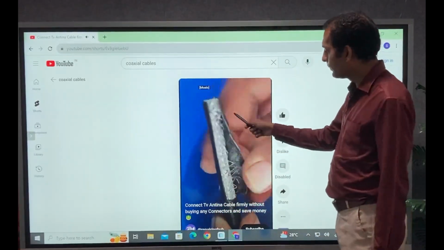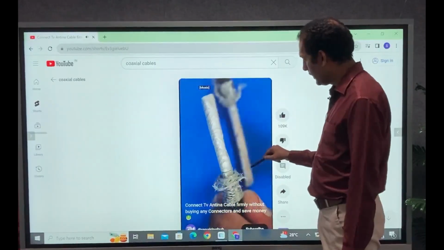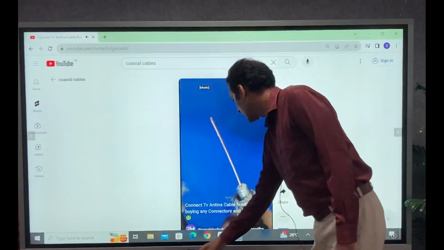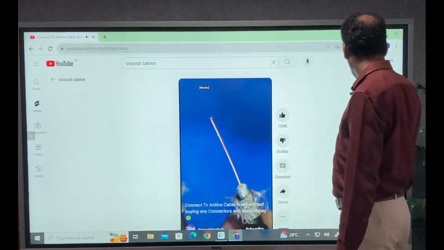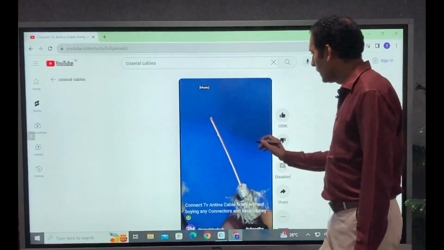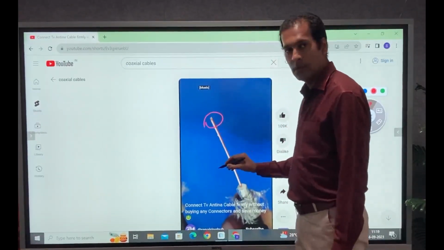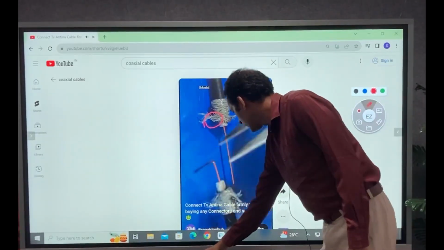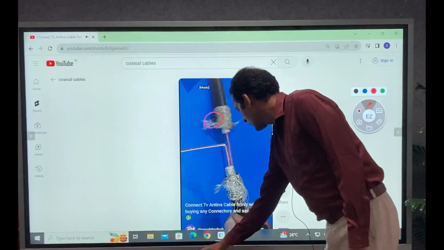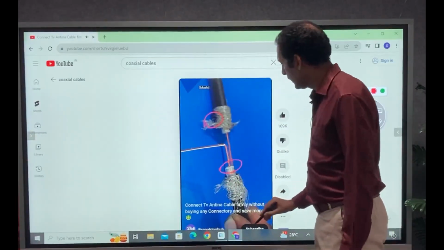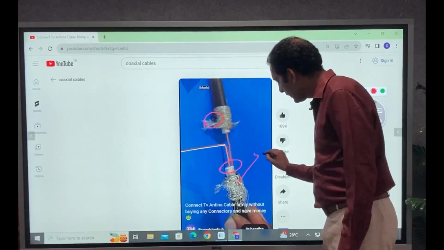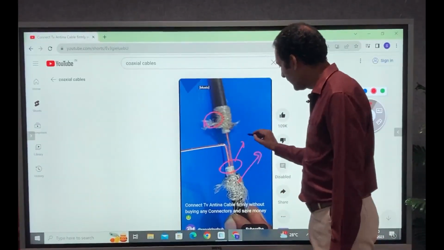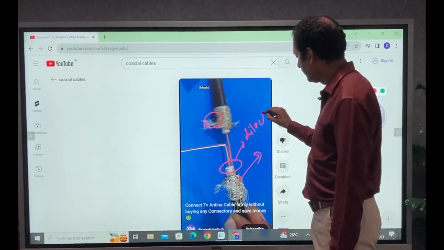There will be two conductors, one will be the outer shell and another one is the central conductor. Here the central conductor is the first conductor, right, and then there is the covering for that conductor, and there is the second winding of conductor, and in between them there is a dielectric, that is the plastic.